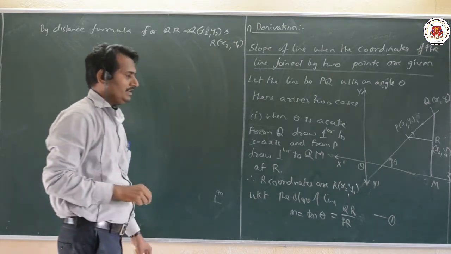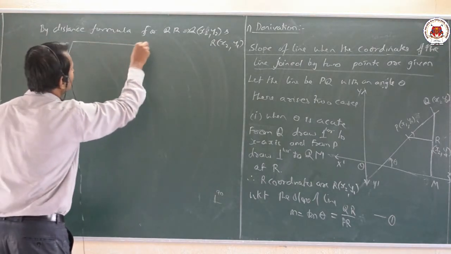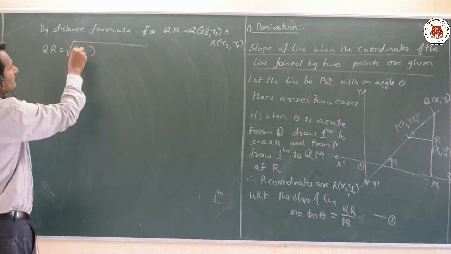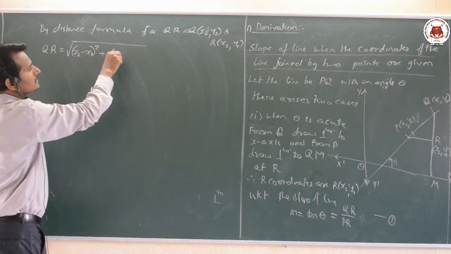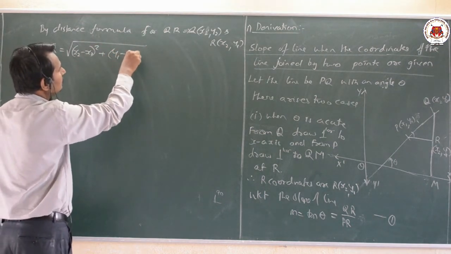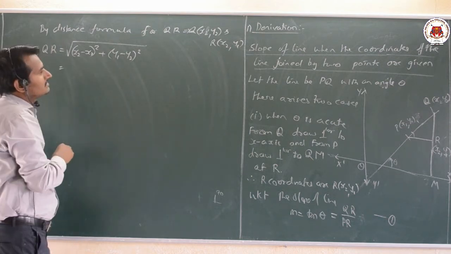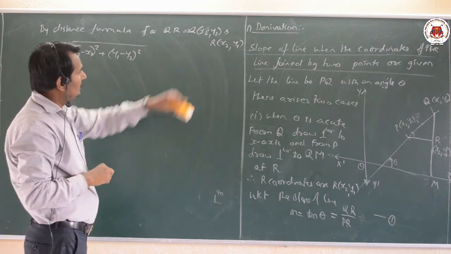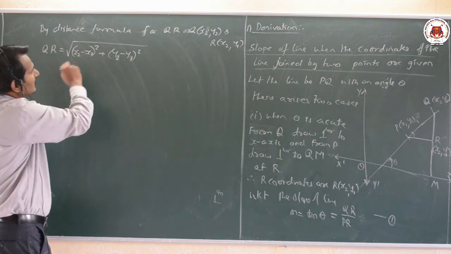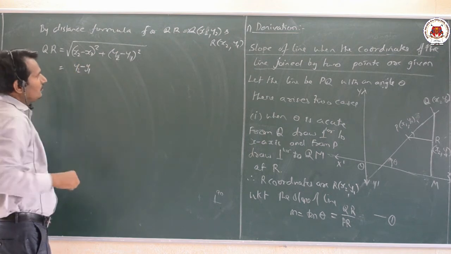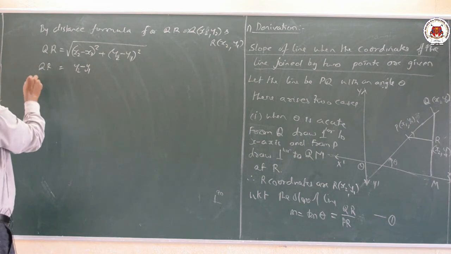Now QR is equal to root of x2 minus x2 whole square plus y1 minus y2 whole square. Or else I can also write it as y2 minus y1 whole square, since it is a square. So the first value is 0, and what we get is y2 minus y1. Very simple thing here, y2 minus y1, that is nothing but the QR value.